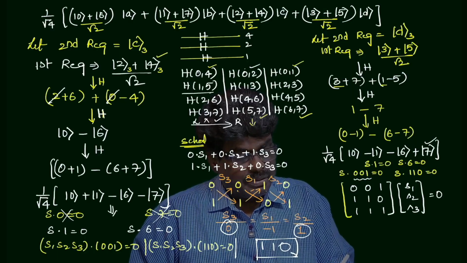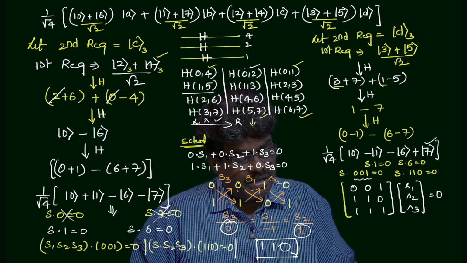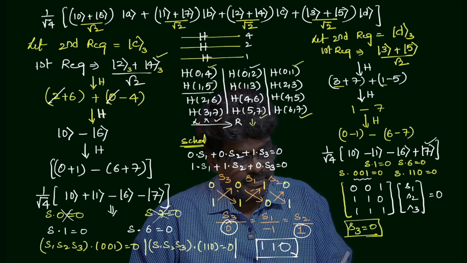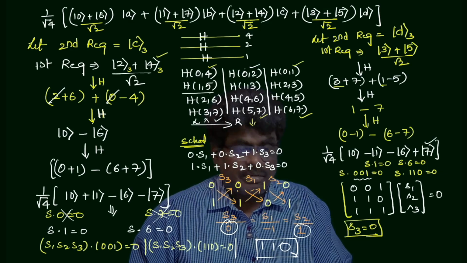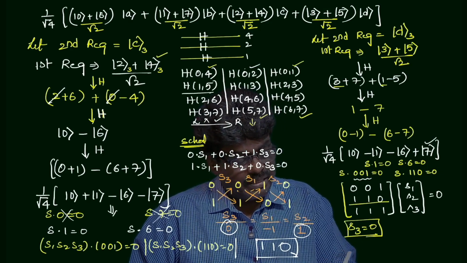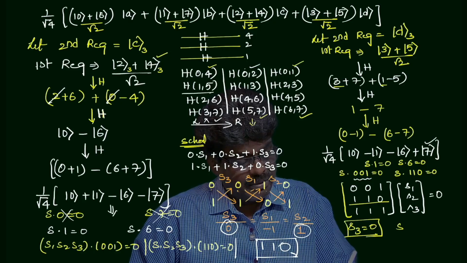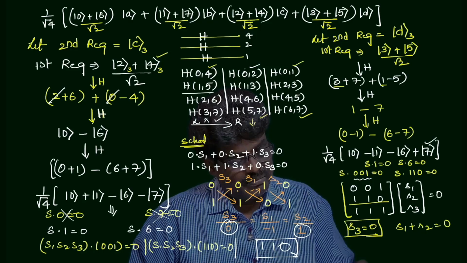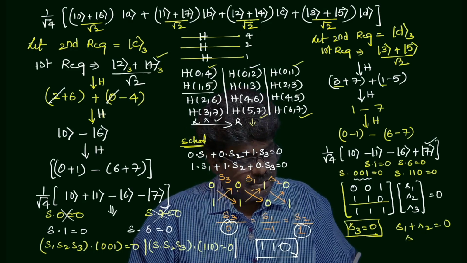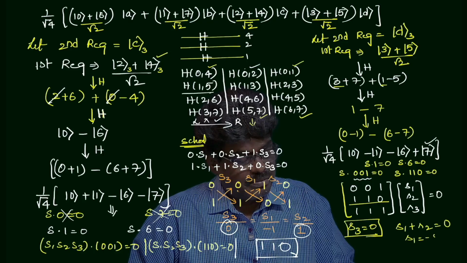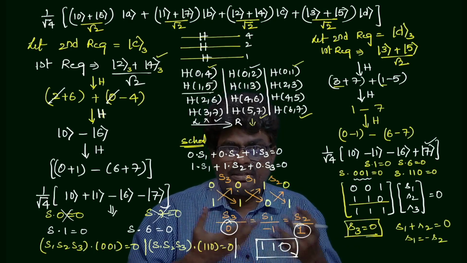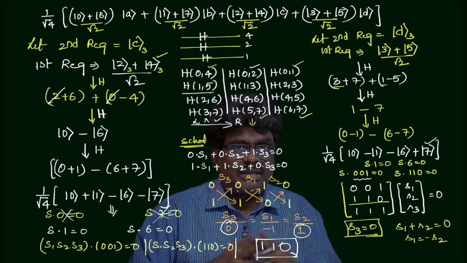So finally if you take a first row and this column, you will get s3 equal to 0, it's fixed. Okay, right. And the next one, if you take this second row and this column, you will get s1 plus s2 equal to 0. So which makes s1 equal to minus s2. I can't take s1 or s2 as a 0 because if I take a 0, all are 0, that's not the solution.